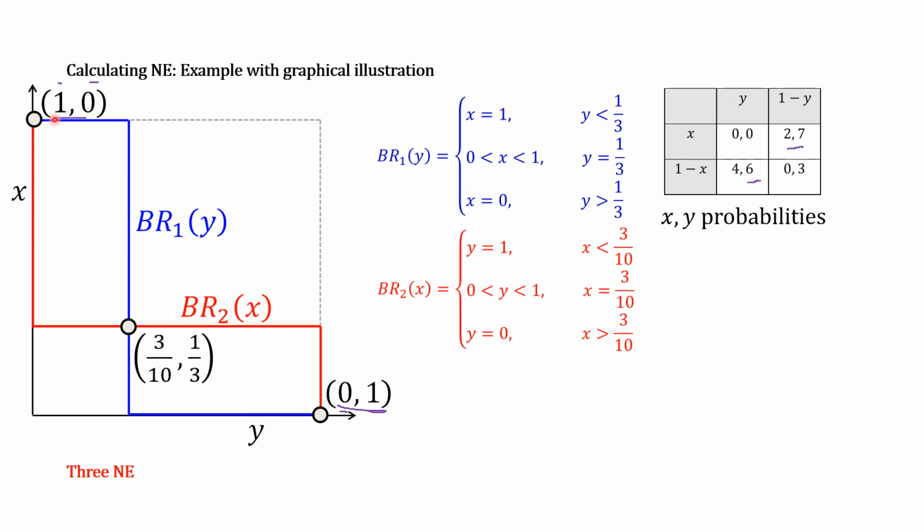But look at this pure Nash equilibrium, the value of x is 1 and the value of y is 0. So when x is 1, agent 1 is not playing down, it's only playing up. So down is not in the support of this Nash equilibrium, and likewise y is 0, so agent 2 is only playing right.